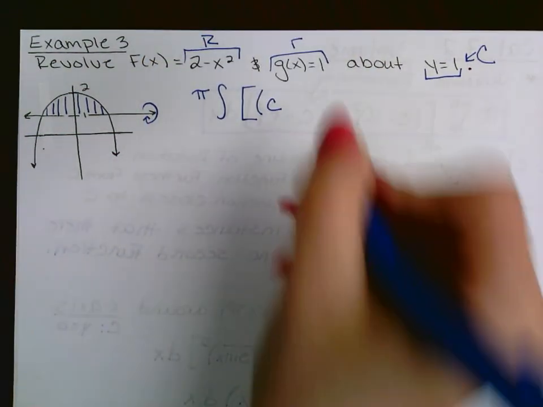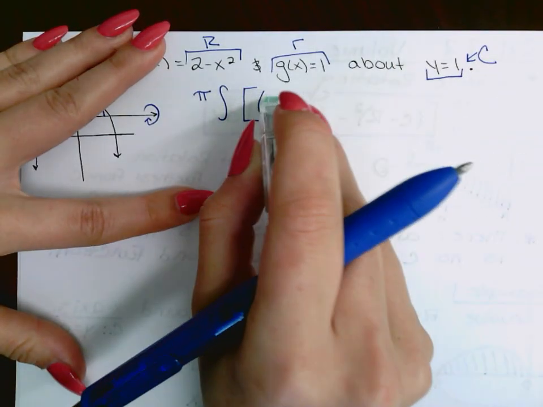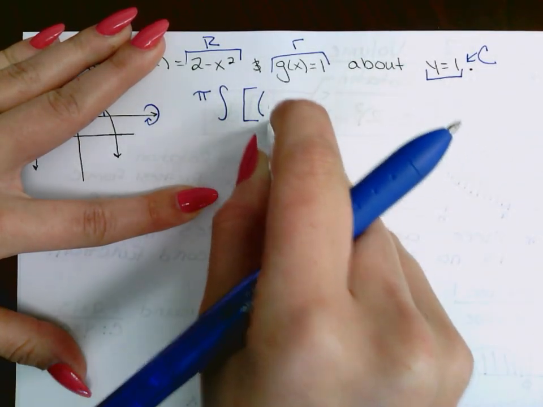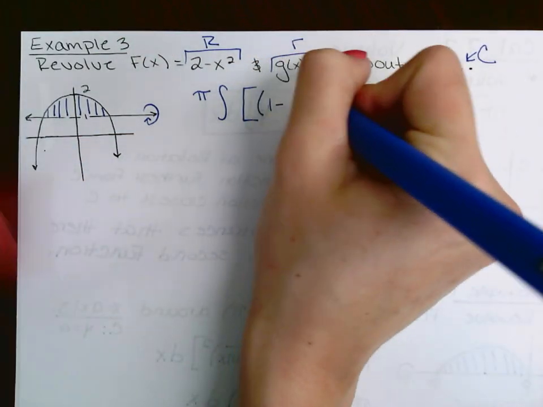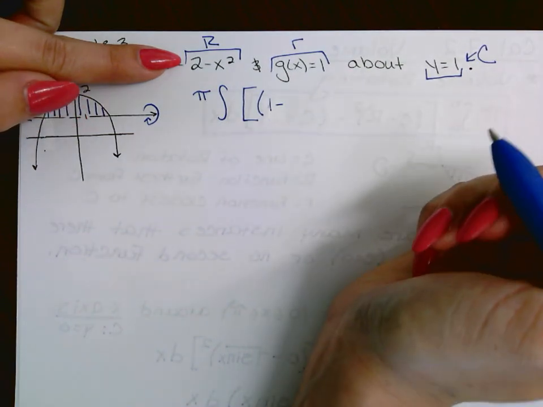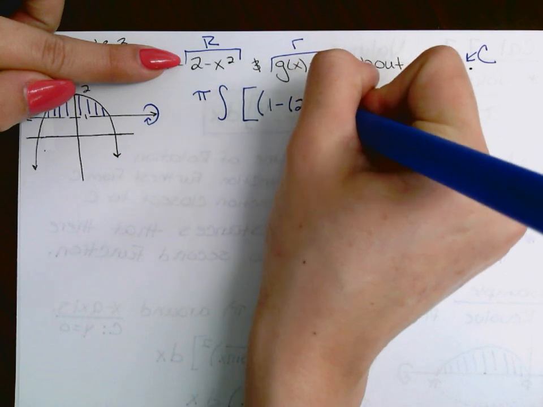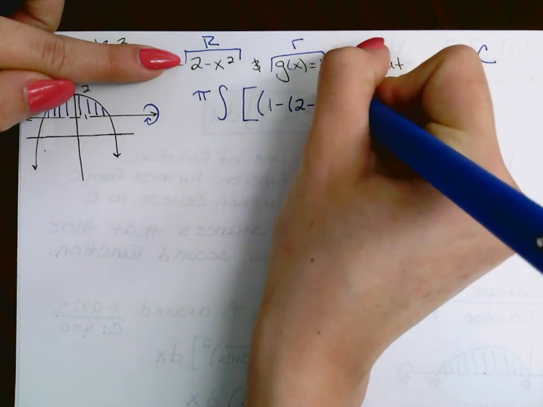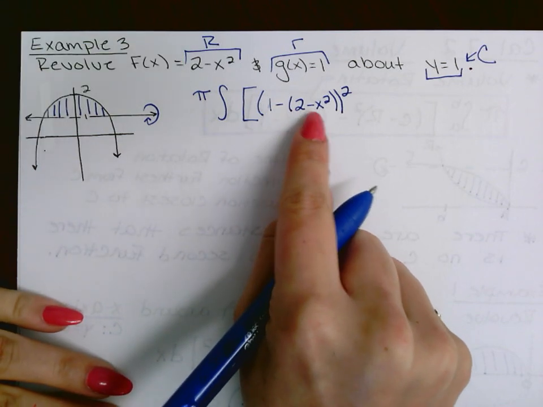Okay? So C, I put a C. Let's go putting in the number already. C is 1, so 1 minus my capital R. If your function has more than one term, you have to put parentheses here, because this negative is going to apply to both terms.